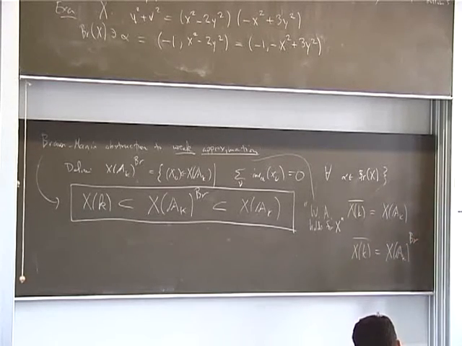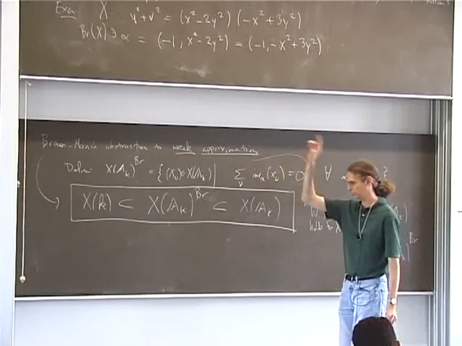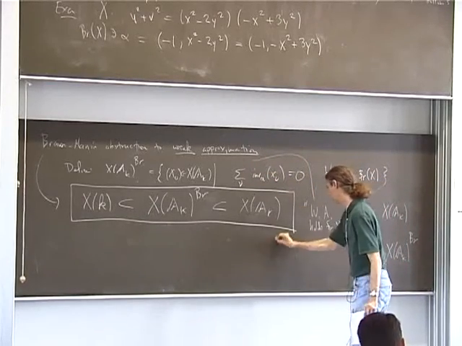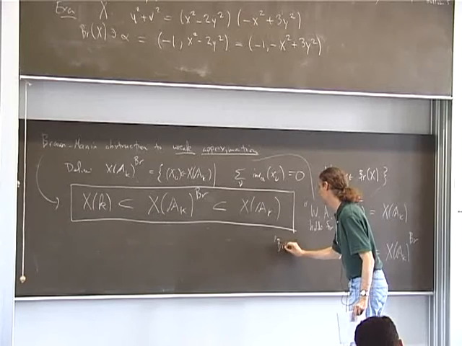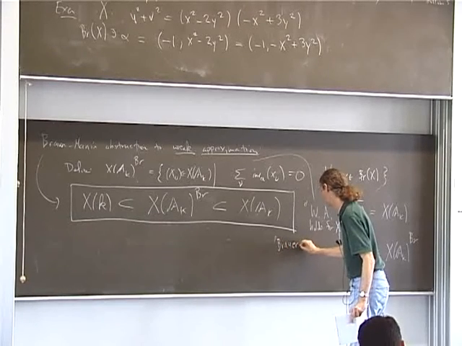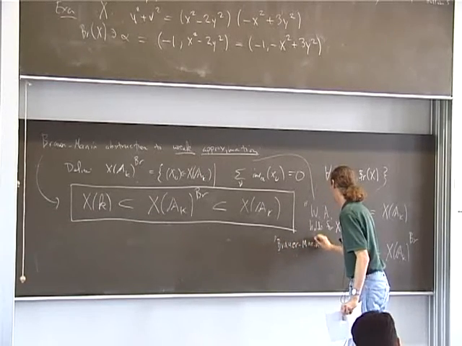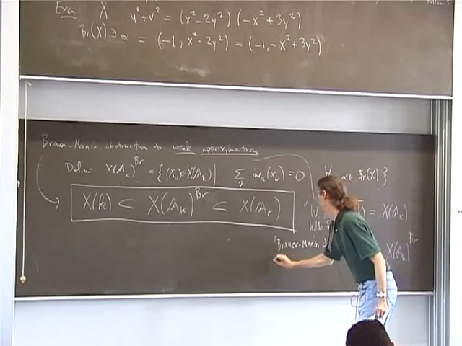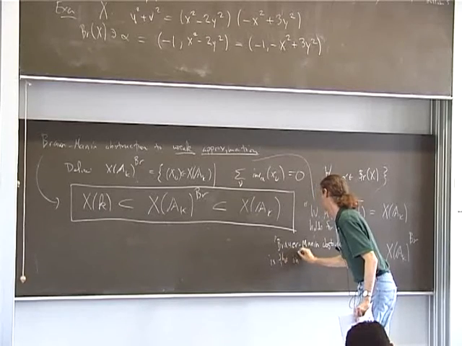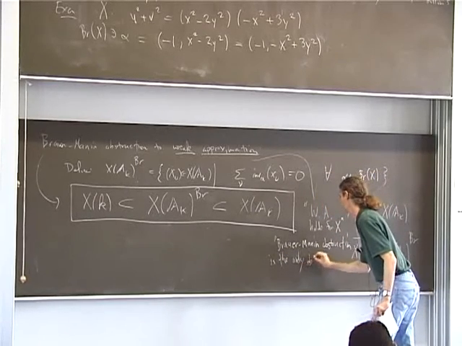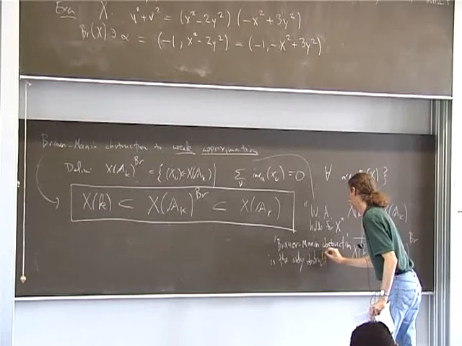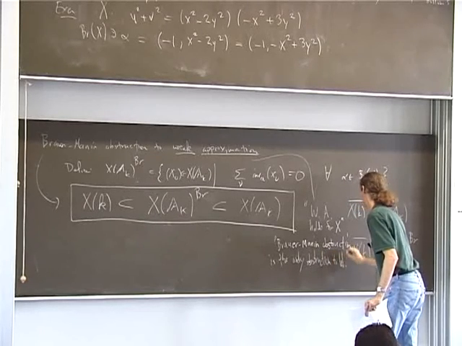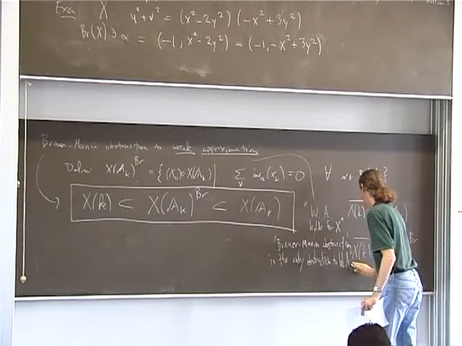So that would be the statement that the Brauer-Manin obstruction is the only obstruction to weak approximation.